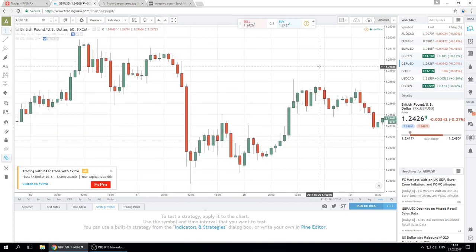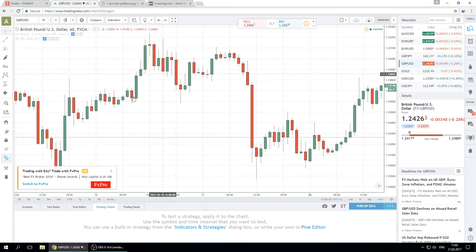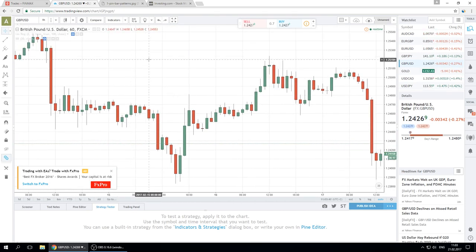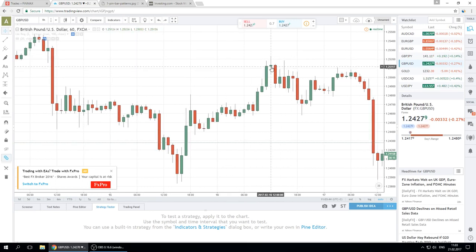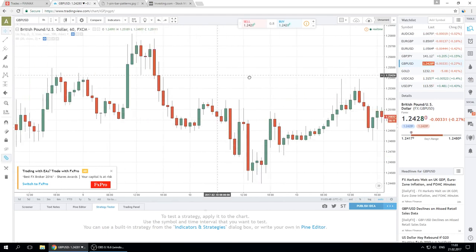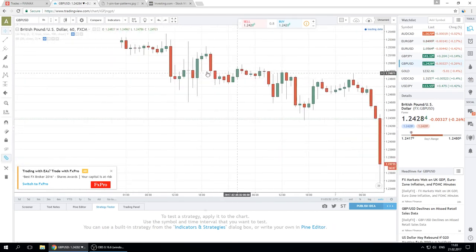So this is the current chart for British pound to American dollar, and here we see this formation that can be described as a pin bar. Well, basically it has too long a lower shadow, so let's try to search for something which suits us more.